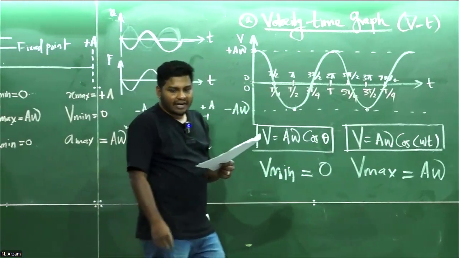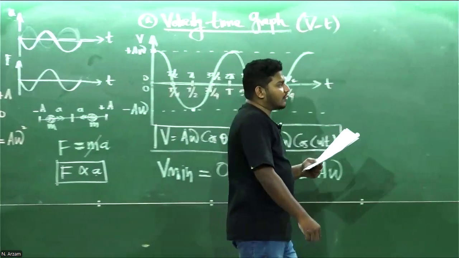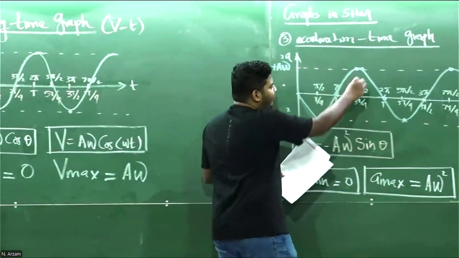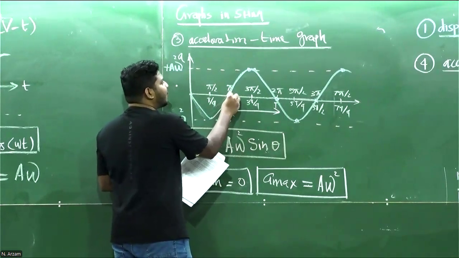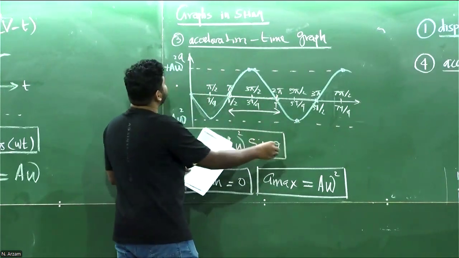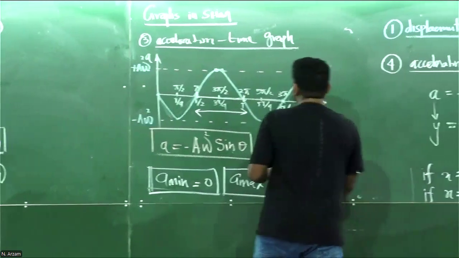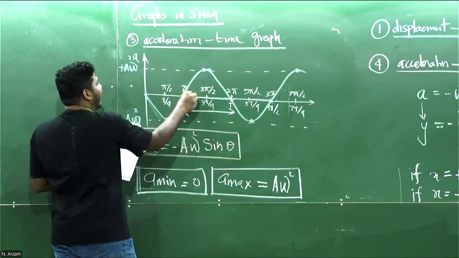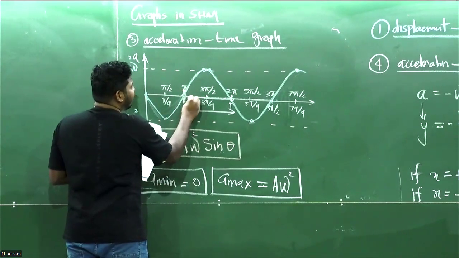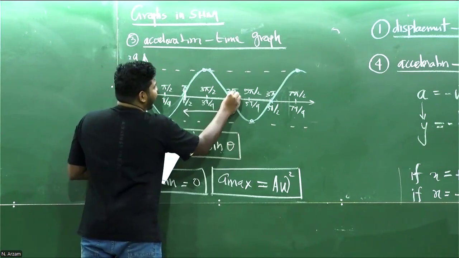This is an XT graph, right? Look at here. From this point to this point, I'm taking a small example for this graph.